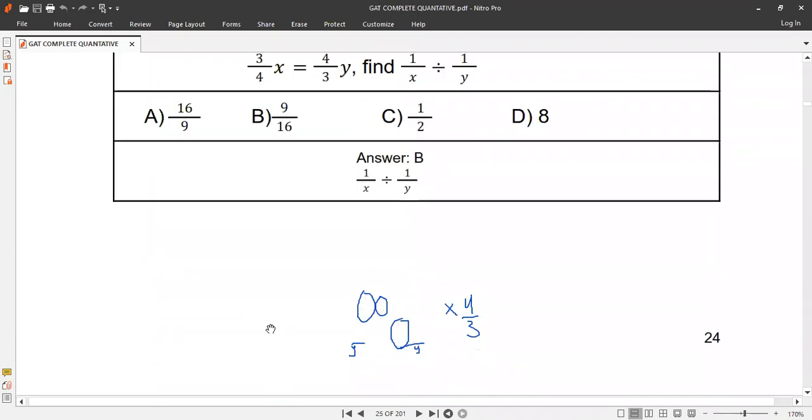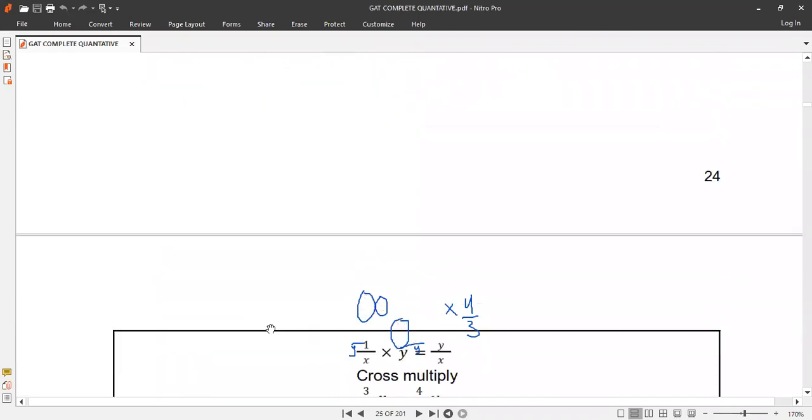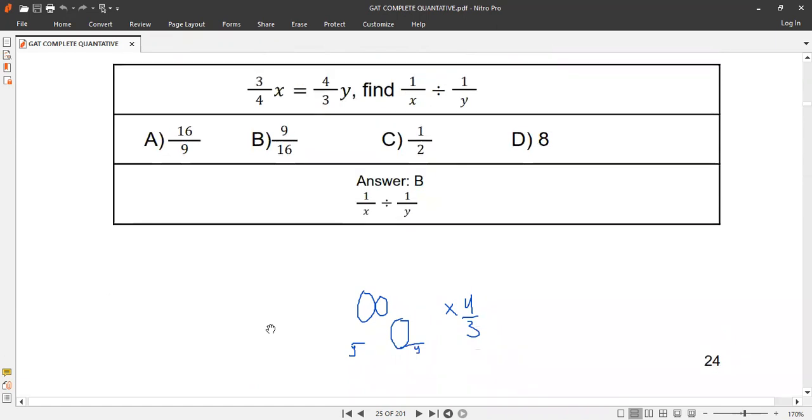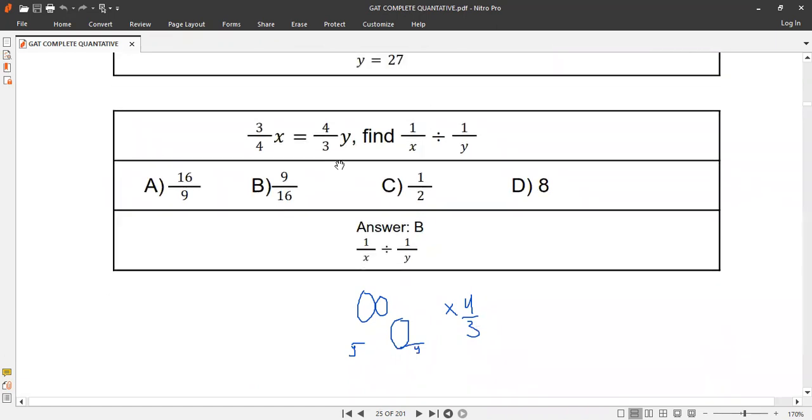Guys, you should know this 1 over x divide 1 over y, it means 1 over x multiply y over 1.